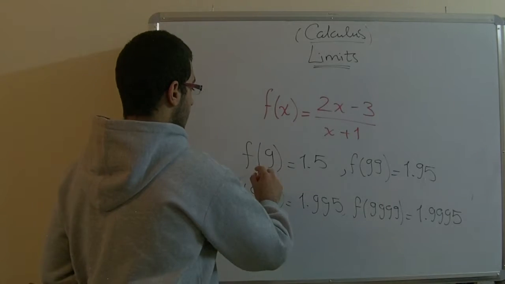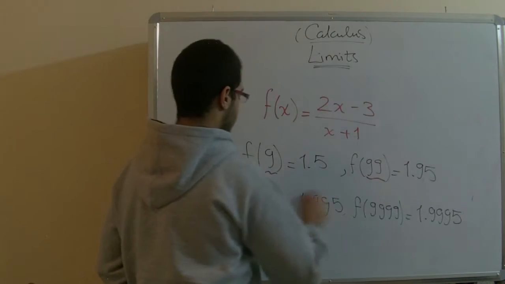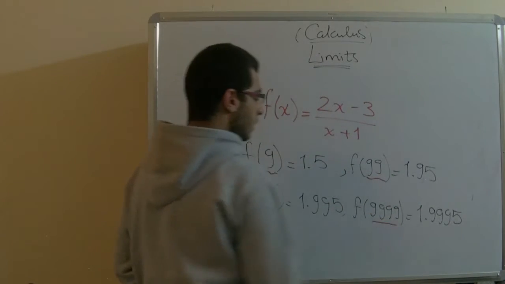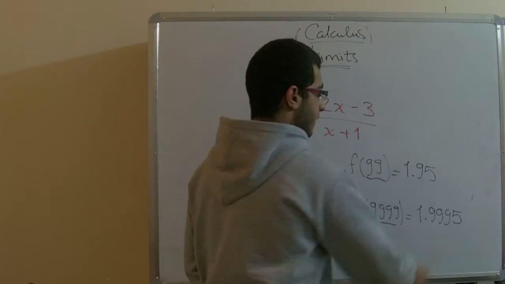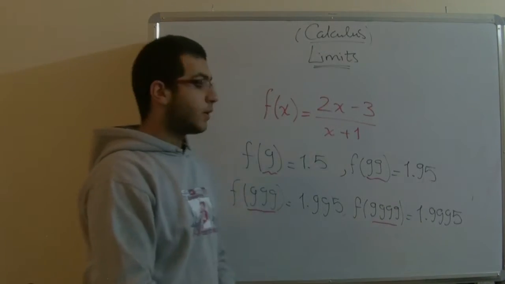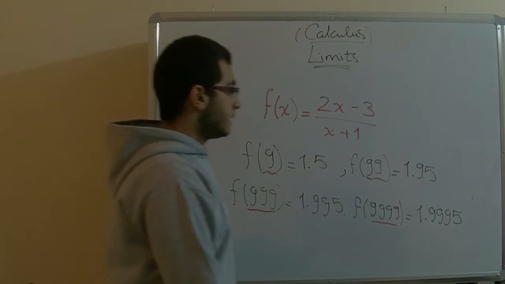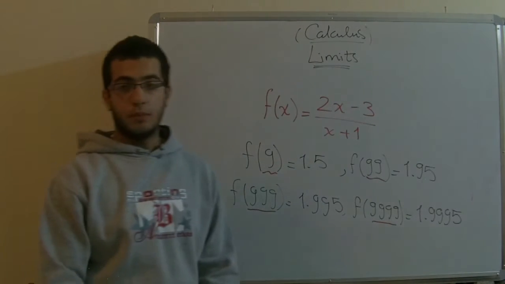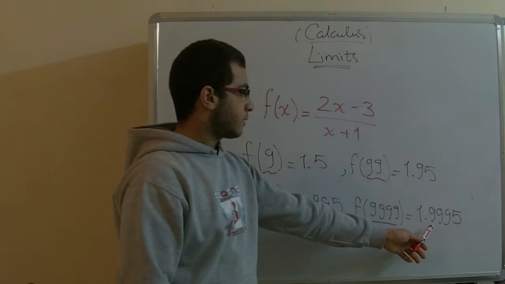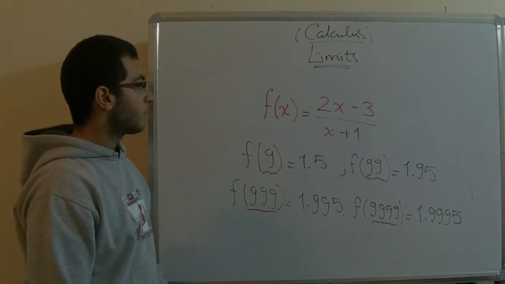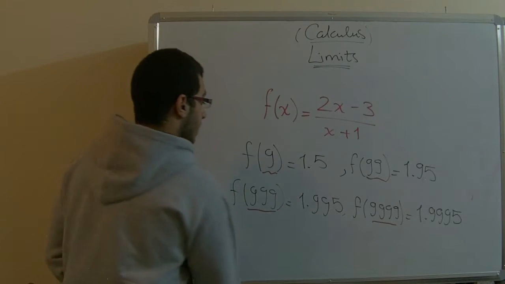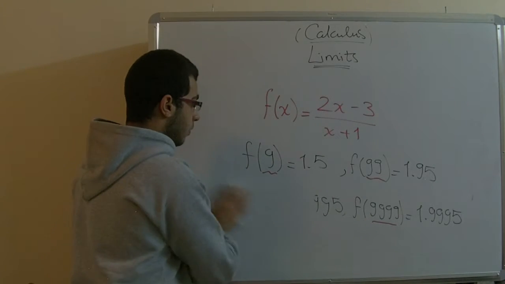Well, as x increases, the value of f(x) would increase gradually till it reaches 2, because if we approximate all our results, we will have a 2. So we can write this in another way.